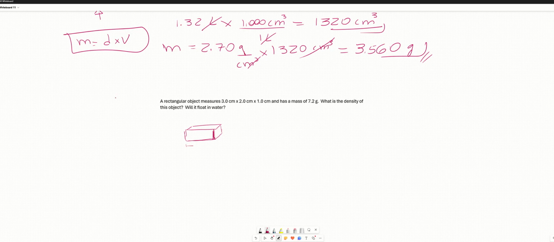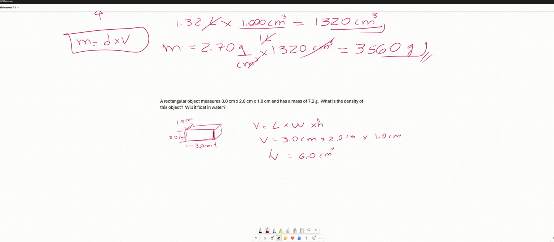So I have 3 centimeters over here, 2 centimeters over here, and this one is 1 centimeter. We know the volume is length times width times height, so the volume will be 3.0 centimeters times 2.0 centimeters times 1.0 centimeters, so the volume is 6.0 cubic centimeters.